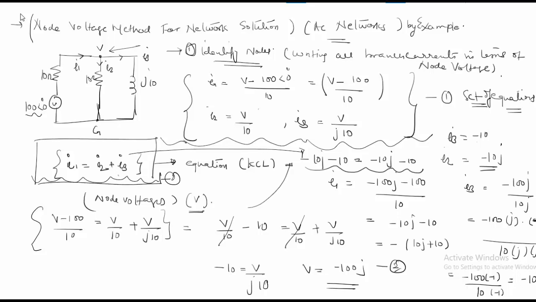The other way to solve this, if you have more than one node, is to apply Cramer's method. But just to demonstrate, I have taken a simple example, and it is possible to solve circuits having multiple components.